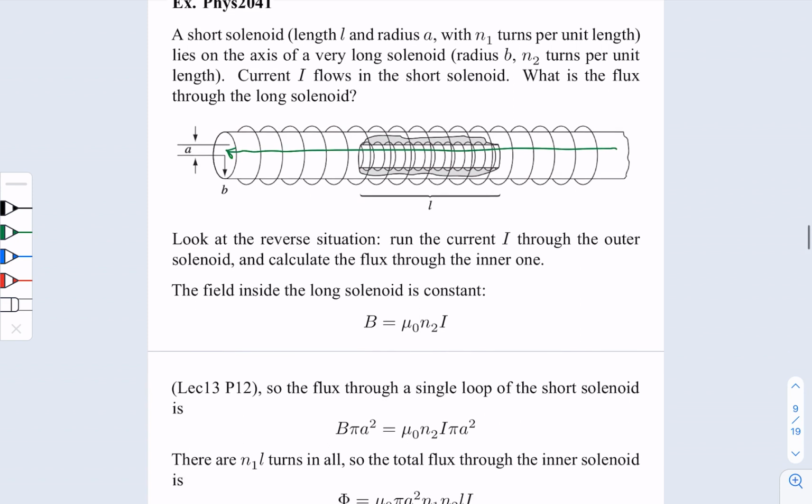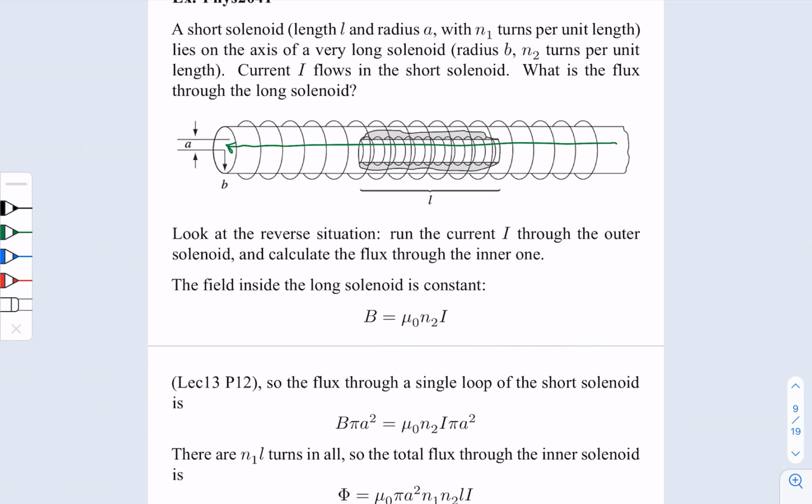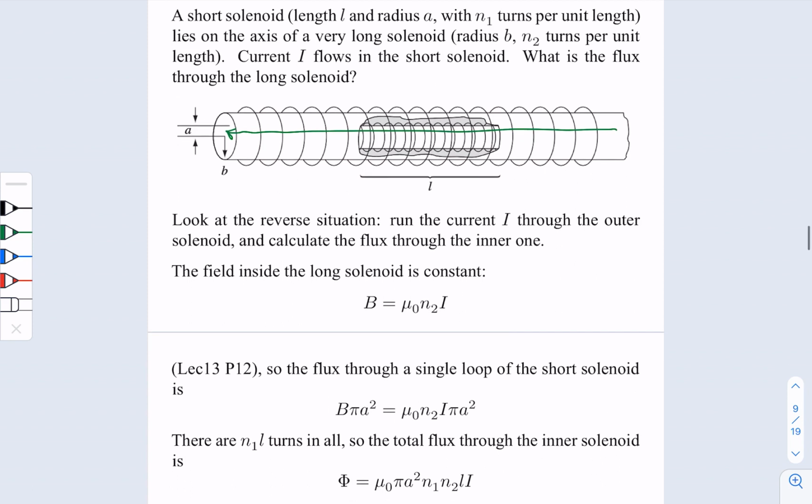Now after we get the B, because the B is uniform inside, we can simply multiply by pi a squared to get the flux. And also because there are N1 times L turns in one unit length, the flux per unit length is N1 times L.